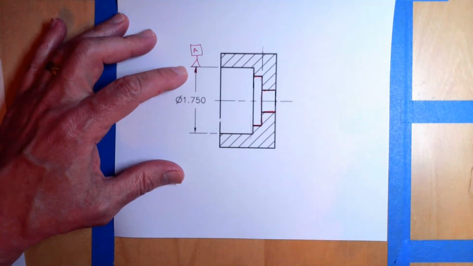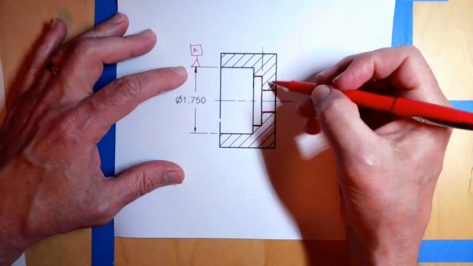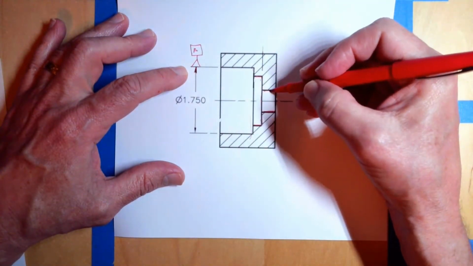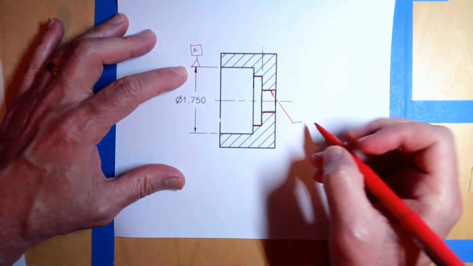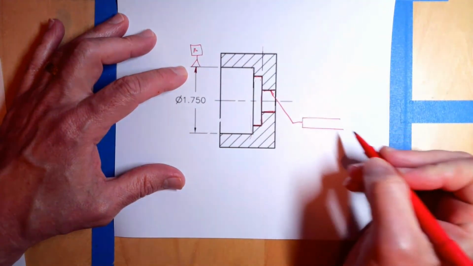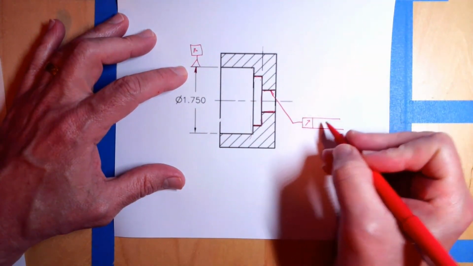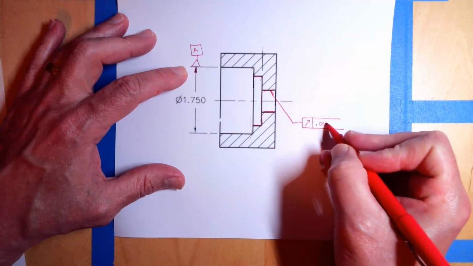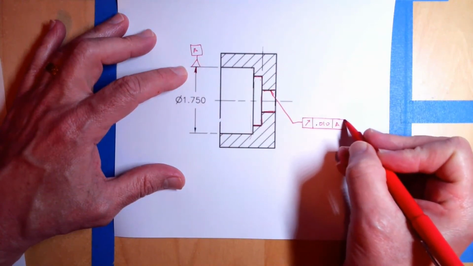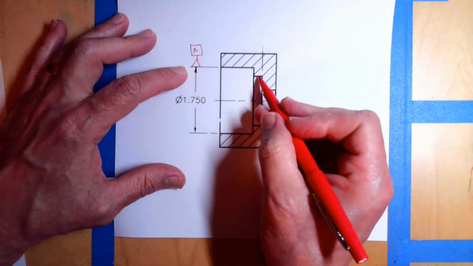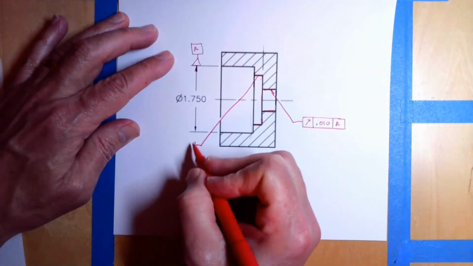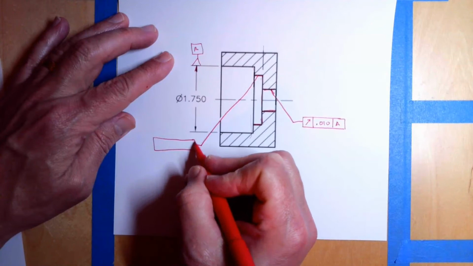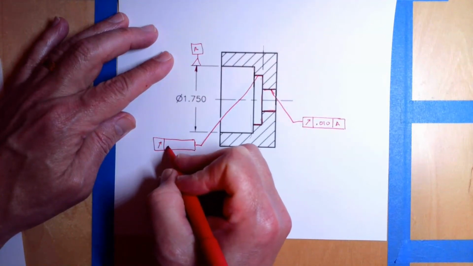Well, we can control it with a circular runout. So to control this inner part, all we need to do is point to it. Kind of easy. And we say, let's say, circular runout again, 0.010 relative to A. We do the same for this one right here. So we could come down here like so. And then let's give this a different number.